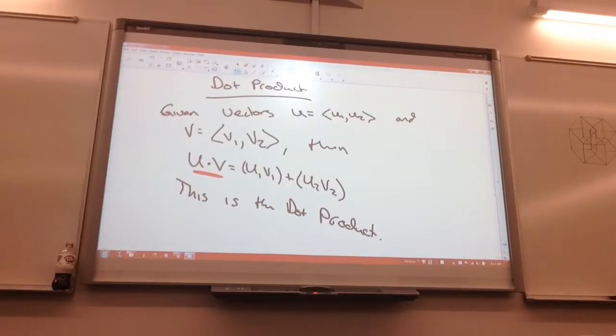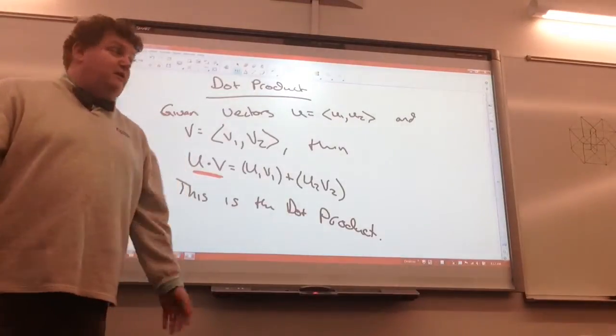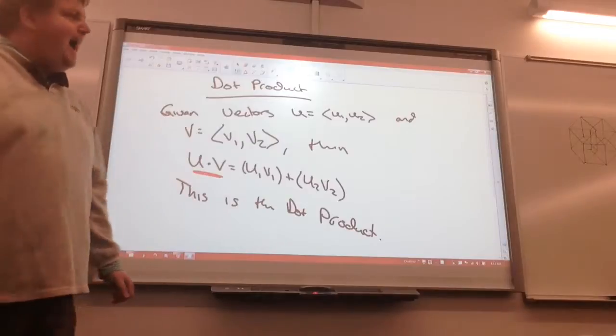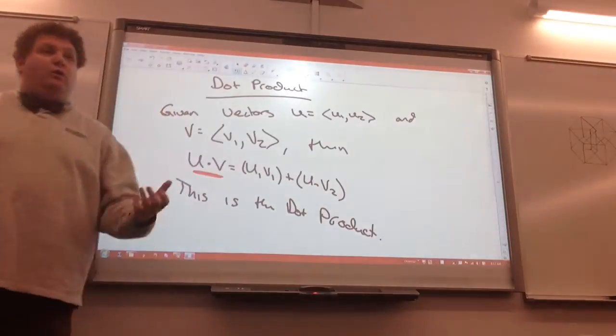You're not going to see this done with the X symbol, because that's a different type of vector multiplication called cross product. We are not learning cross product at this time. In fact, I don't think we're ever going to get to cross product. Its applications are different from what we're going to be doing. But do keep in mind that there are basically three different forms of multiplication when it comes to vectors. You've got regular scalar multiplication, that's easy. You've got dot product, easy, and you've got cross product, which is also fairly easy to do. You just want to make sure you keep track of what each of the symbols means.